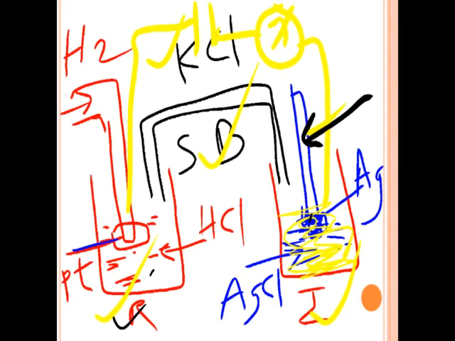Due to this gaining or losing of electrons, the potential difference across the indicator electrode changes, and we get a potential difference due to the chemical reaction.